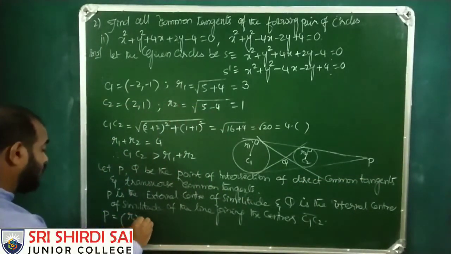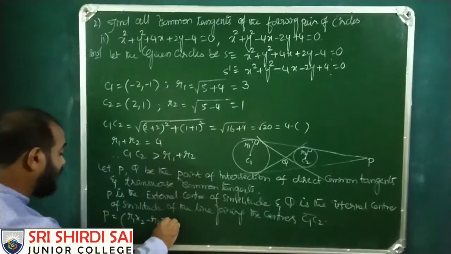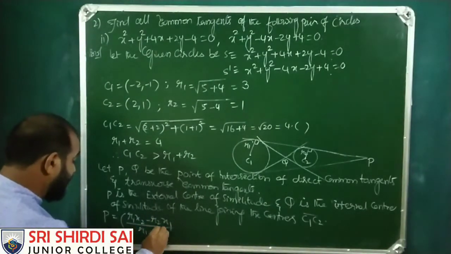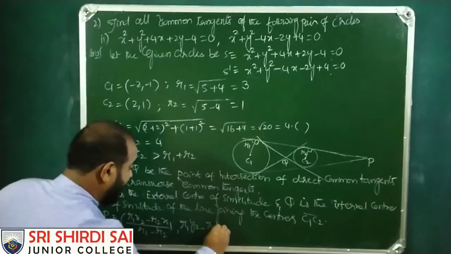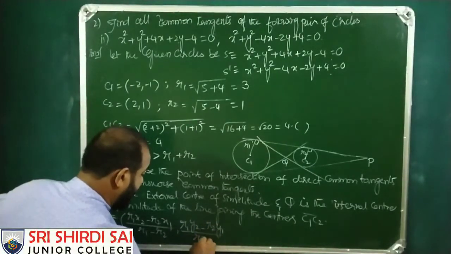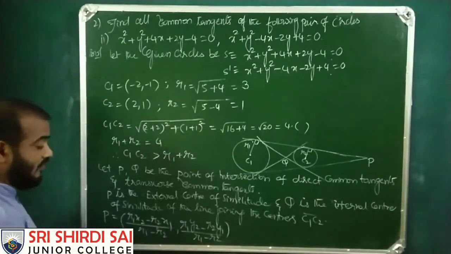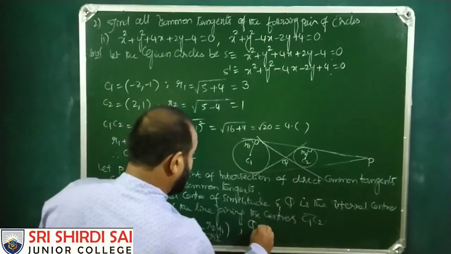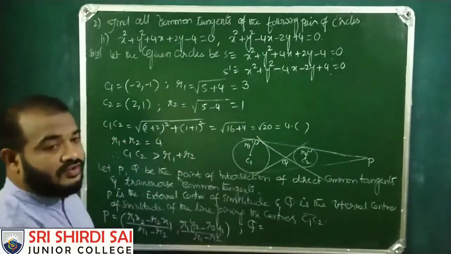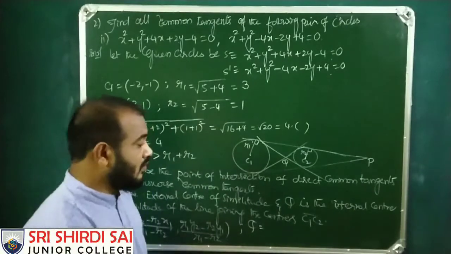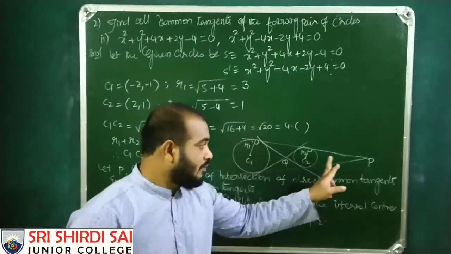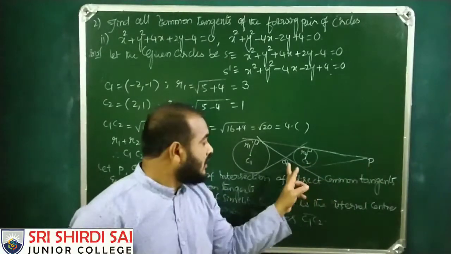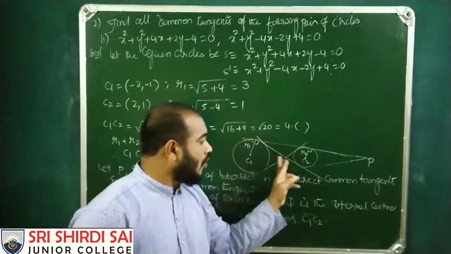R1 x2 minus R2 x1 by R1 minus R2, comma R1 y2 minus R2 y1 by R1 minus R2. Likewise Q, this being the internal center of similitude. Please bear this in mind: the line joining the centers C1 C2, the external center of similitude, and the internal center of similitude all lie on the same line.